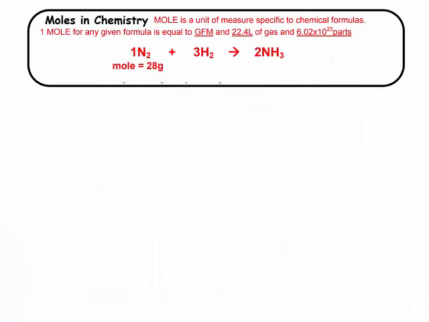And if we're looking at our formula, remember this is the gram formula mass, what I would do is say nitrogen equals 14.0 grams, right? But if you look up here at my formula, this is N2, right?